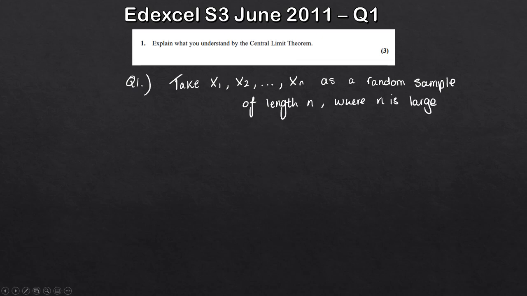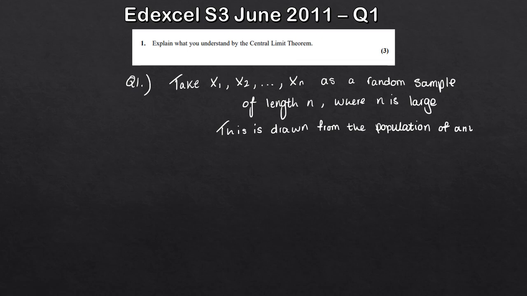Well, what do we obtain here? If this is drawn from any distribution, it doesn't matter what distribution we take this from. So this is drawn from the population. It doesn't matter if it's Poisson or a uniform distribution.